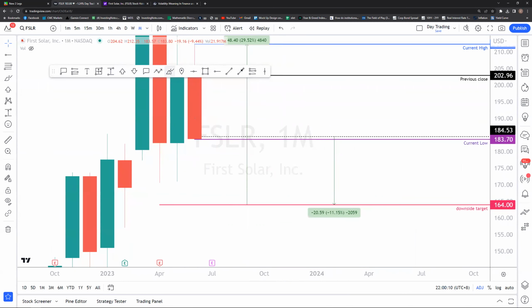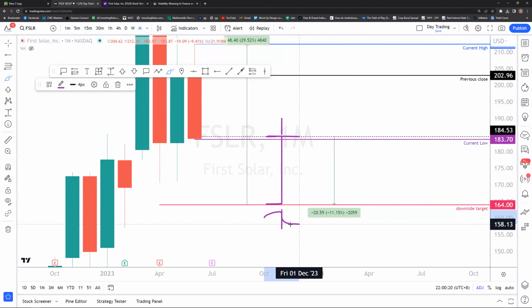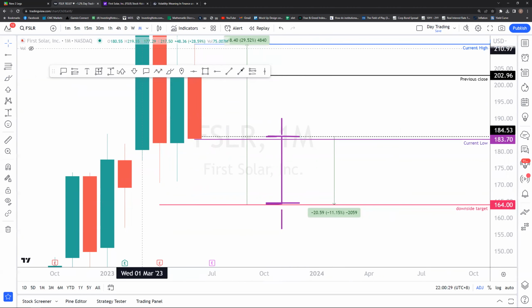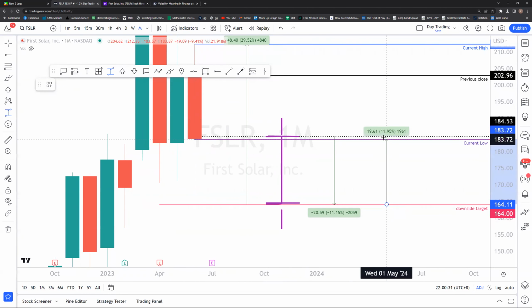Meaning the monthly candle opens like this, and then it goes all the way down and hits our stop loss. So this is the high, this is the low. But whatever happened after, we don't really care. If it hits the stop loss, we are out already. So what is the percent? For high to low, we have to measure upward.